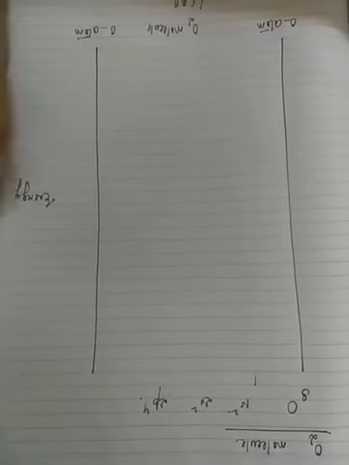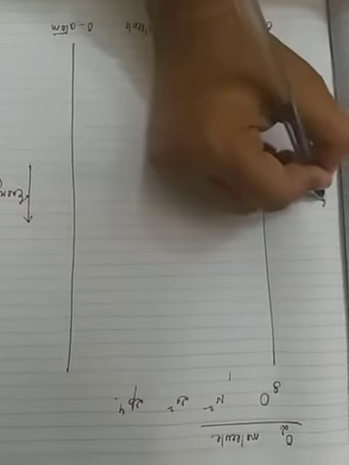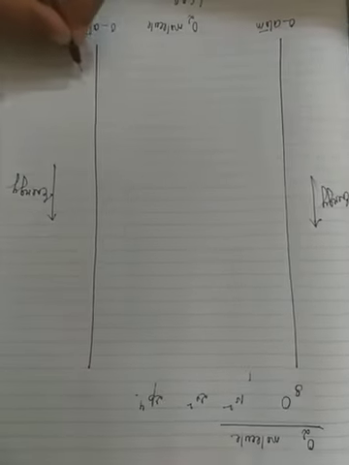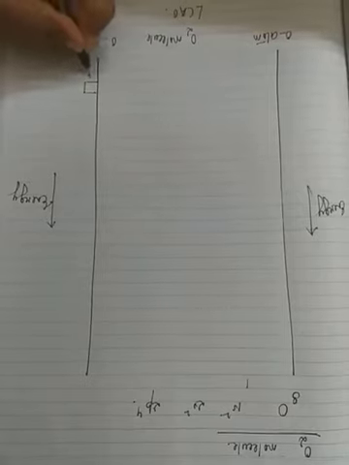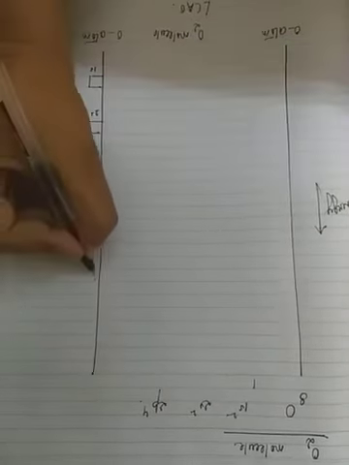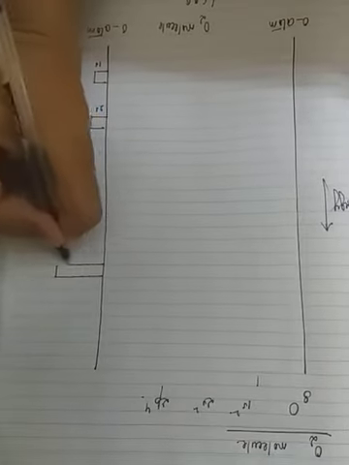This is our energy diagram, the energy levels. 1s is at a little higher energy, then 2s, and this is our 2p.